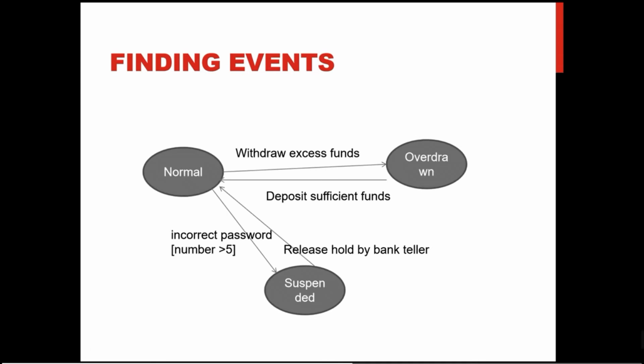And this is an example for the account in the ATM example. It has three states: normal, overdrawn, and suspended. In the normal state, if it gets the event withdraw excess funds, then it will go to the overdrawn state. And in the overdrawn state, if sufficient funds are deposited through the ATM, it will go to the state normal. It means that the balance has changed.